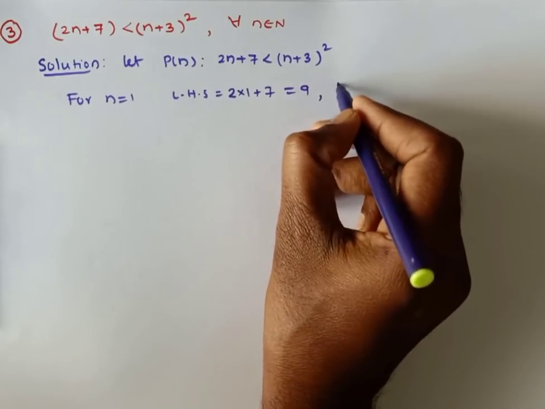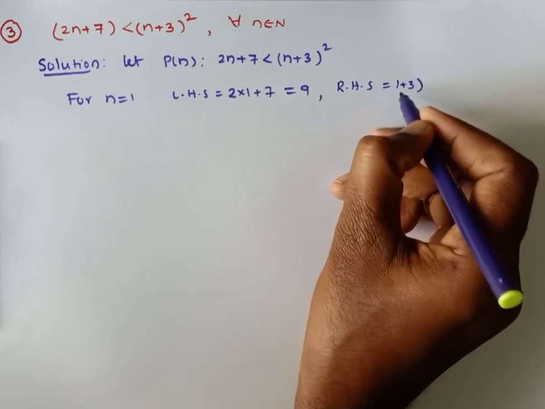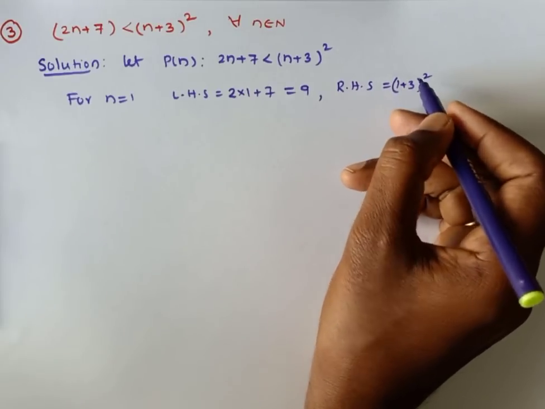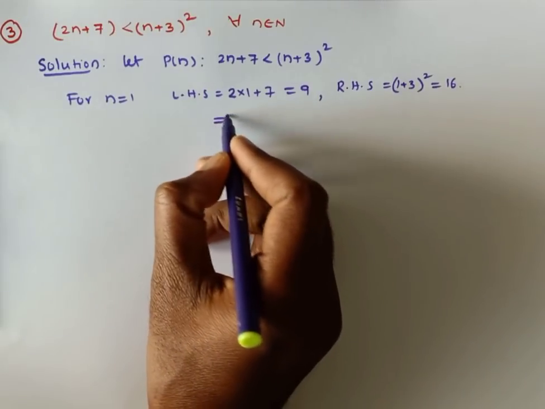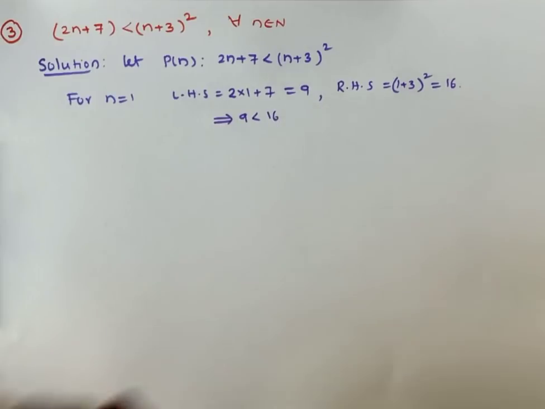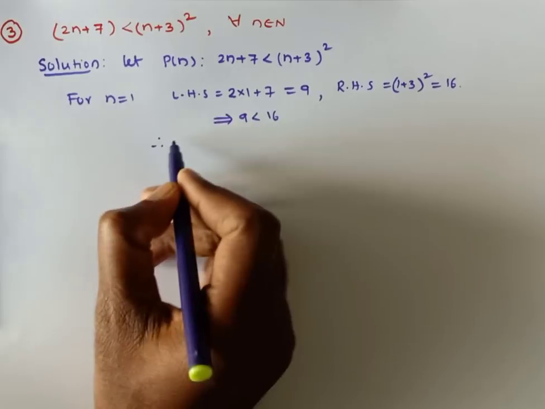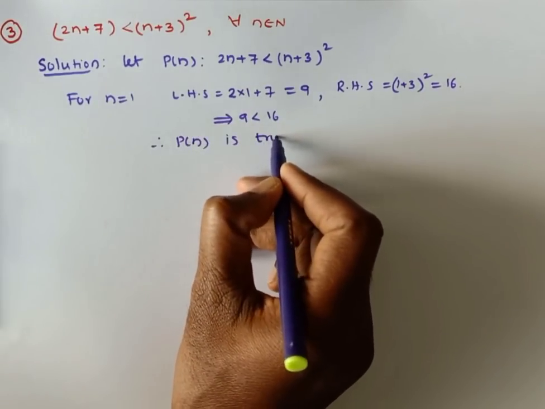And the right hand side is 1 plus 3 whole square, which means 4 square, and 4 square is 16. So the left hand side is 9 and the right hand side is 16. So 9 is less than 16. Therefore, the statement is true for n equals to 1.